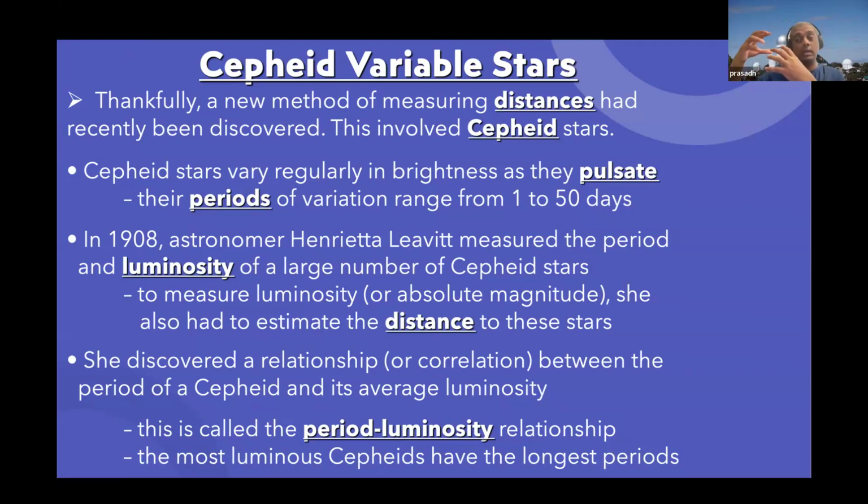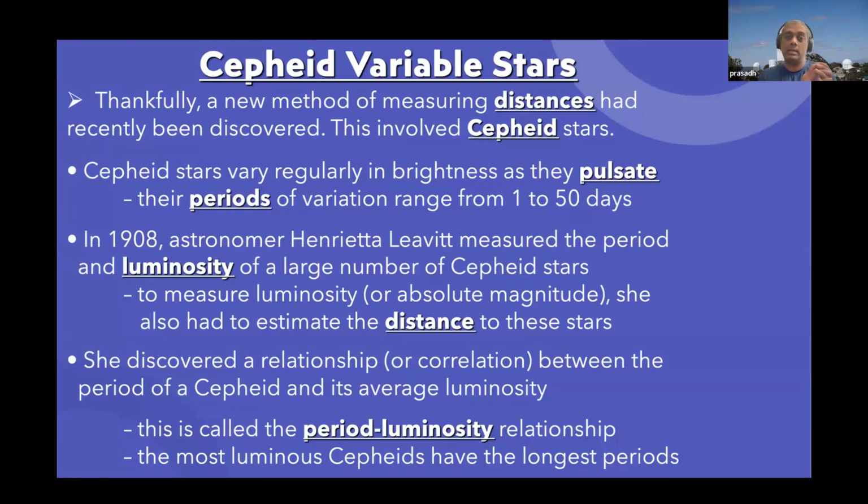Those variable stars have different kinds, so they are given different names based on how they behave, this variability or change in brightness. And Cepheid variable stars are a different category.